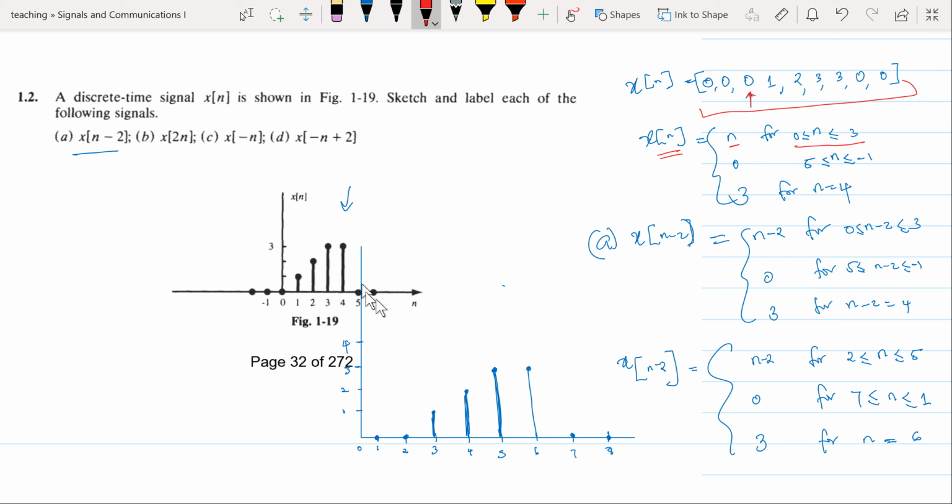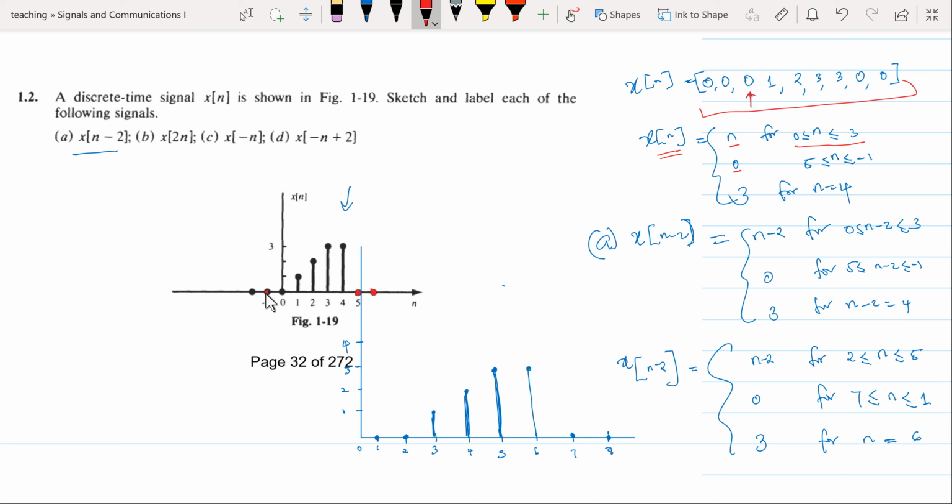The other one that I observe, and sometimes you can label the equation the best way we know how, is x of n is equal to 0 for n greater than or equal to 5. So we can see that when n is greater than or equal to 5, the function goes to 0.